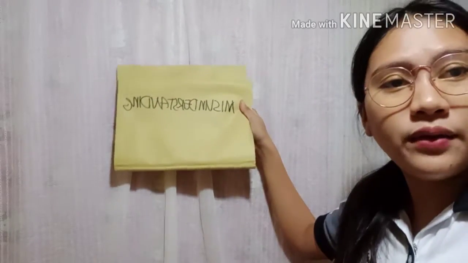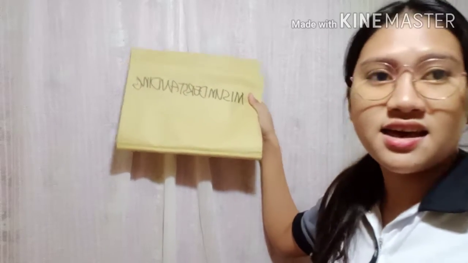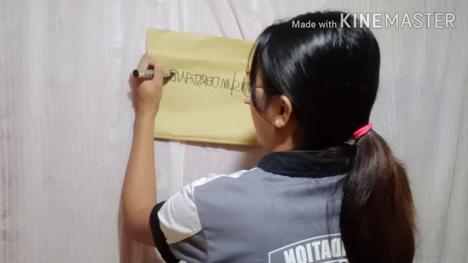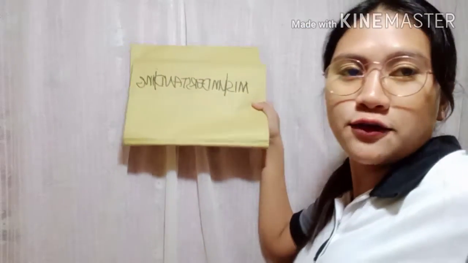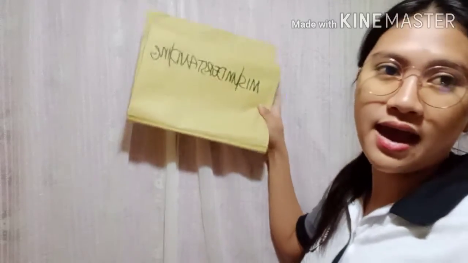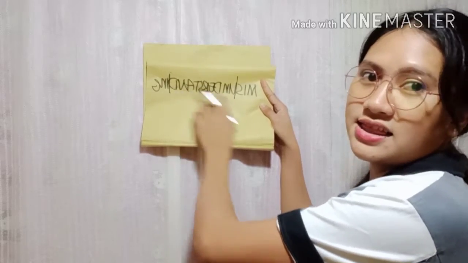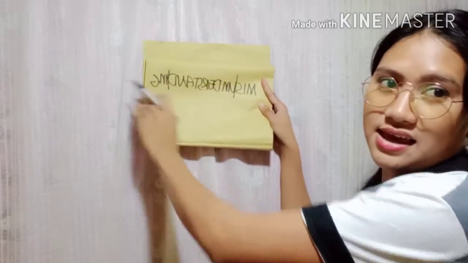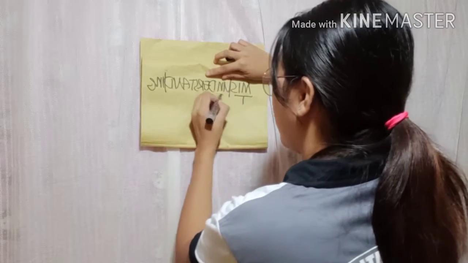We're going to subdivide this into misunderstand and the remaining part, ing. We're going to determine where the root word is and where the affixes are. Understand is the root word, and mis and ing are the affixes. Now we're going to give the meaning of each.